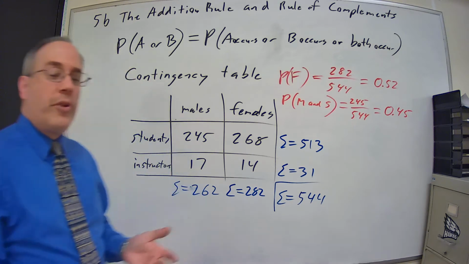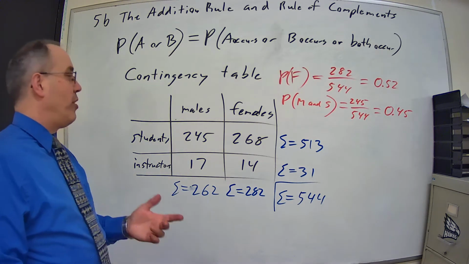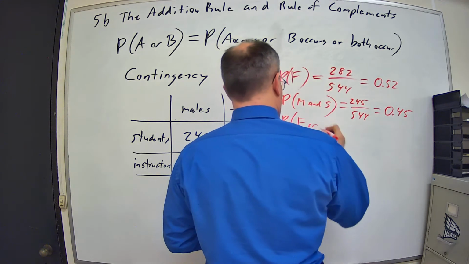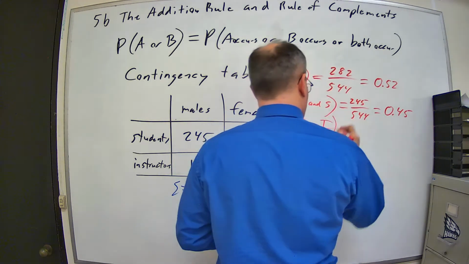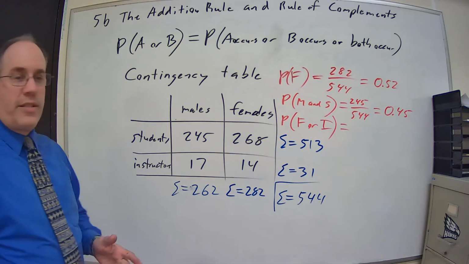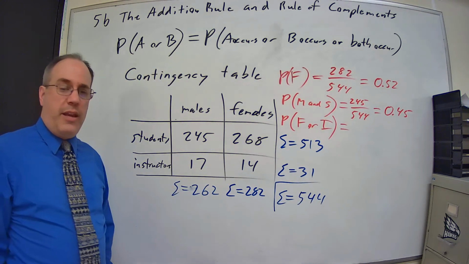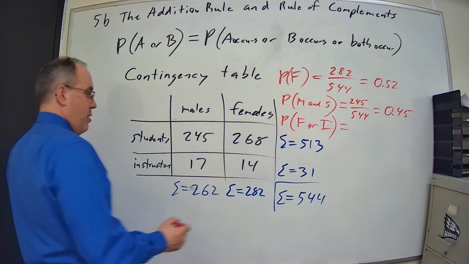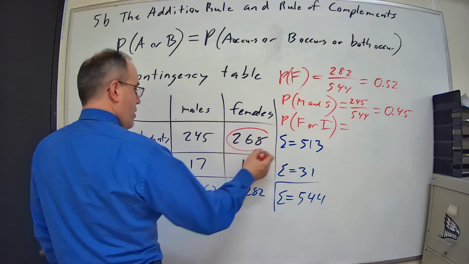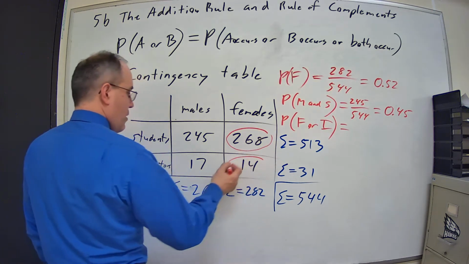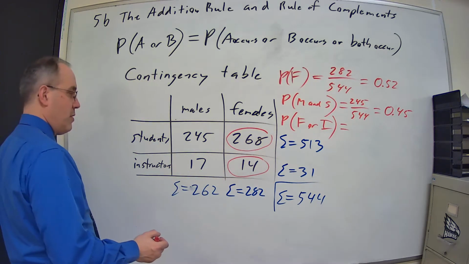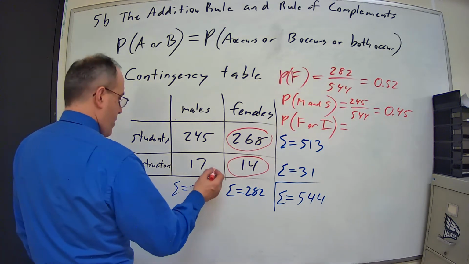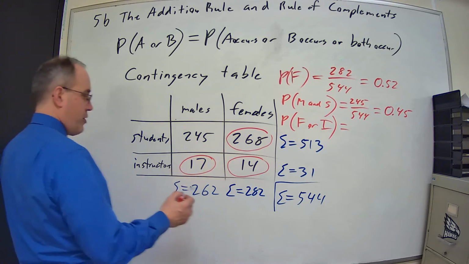What about the probability that we select a female or an instructor? This is where it gets a little more complicated. These are females, these are females. How about instructors? Those are instructors.